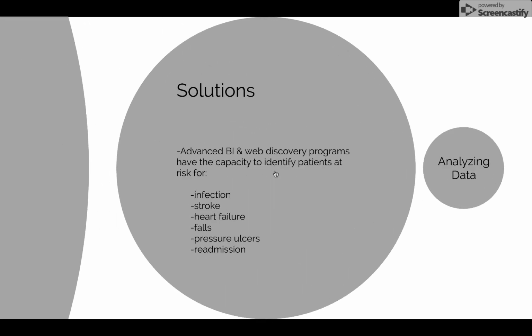Some of the solutions. So advanced business intelligence and web discovery programs have the capacity to identify patients at risk for infection, stroke, heart failure, falls, pressure ulcers, readmission, anything you can think of. These programs are able to cipher out this information, determine what is needed, sort of get it all on an equal page, and then determine who's at risk.